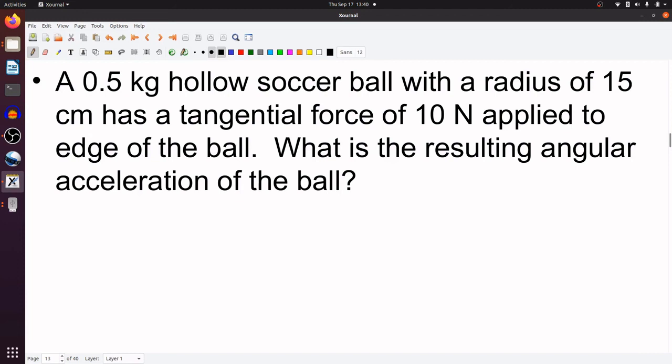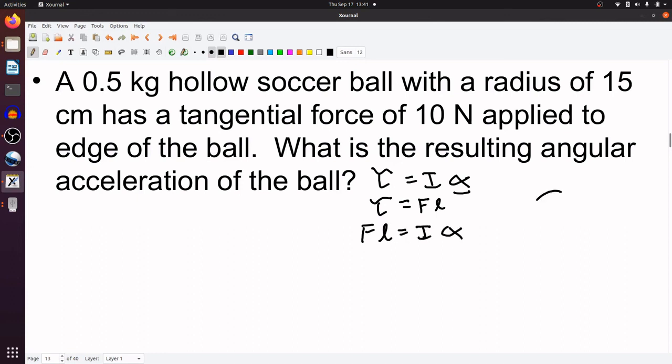Okay, well, remember I proved that tau was equal to I alpha? That's why we needed to get a rotational inertia. Because if we want to find angular acceleration, we need to find rotational inertia. We also know that tau is equal to our force times our lever arm. So I could say that the force times the lever arm is equal to I alpha.